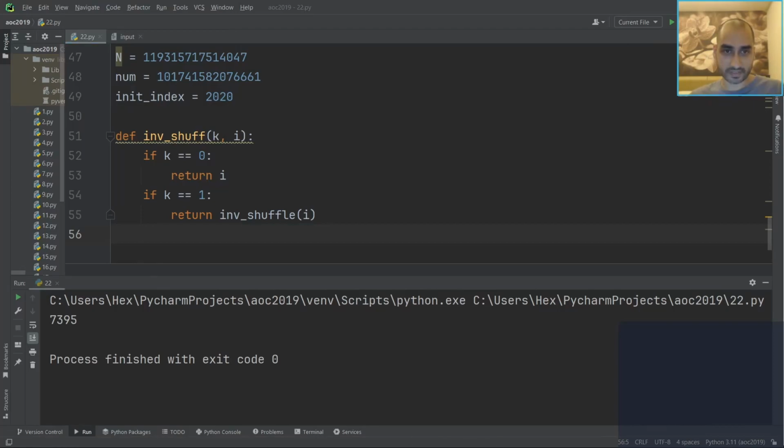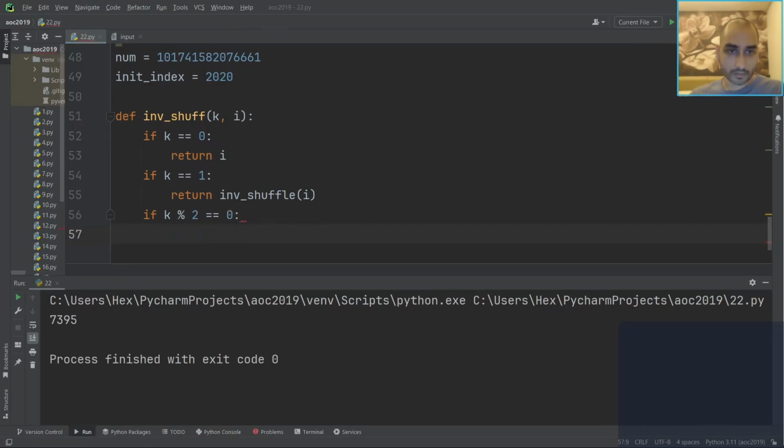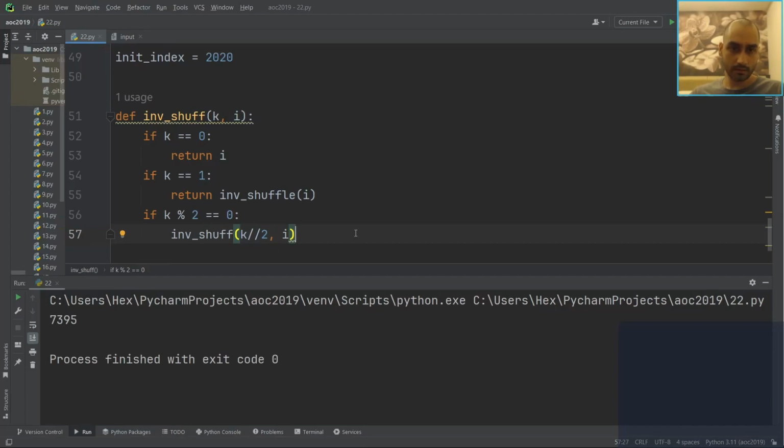All right, I think so if k was even, then we're basically doing inv shuff k of I, and then we want to do inv shuff k over 2, like that, right?